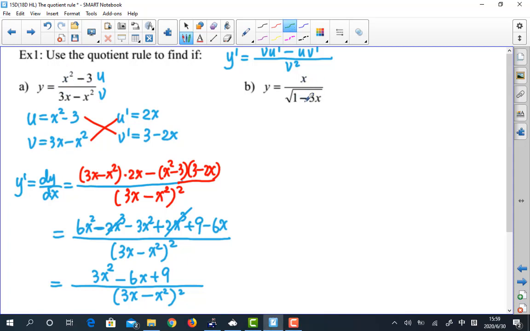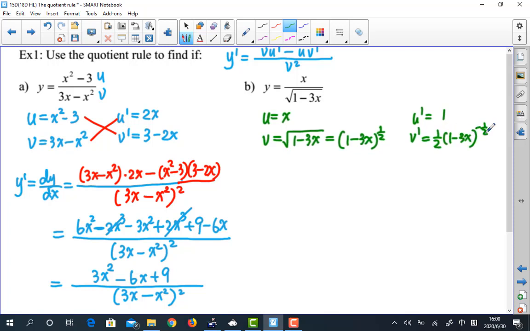Let's find the derivative of this function. So u is x, v is square root of 1 minus 3x, and change this one to the power form right away. So right now let's find the u prime and the v prime respectively. U prime is 1, v prime is 1/2, bracket 1 minus 3x to the power of negative 1/2, then times negative 3.